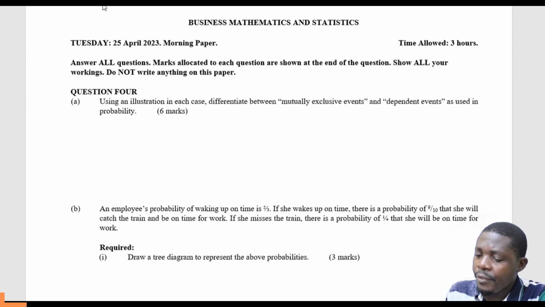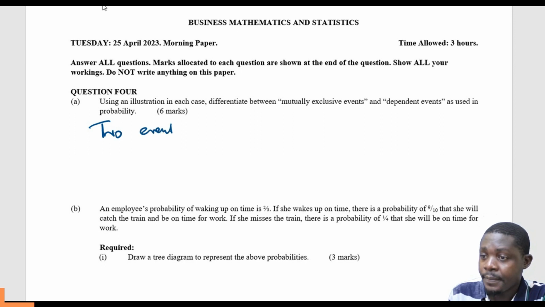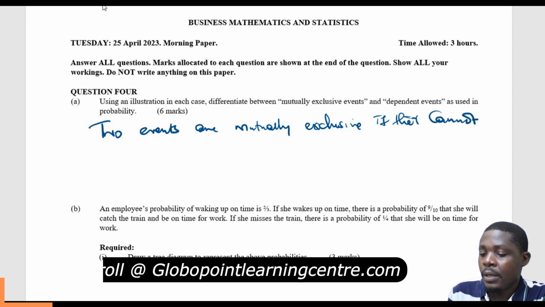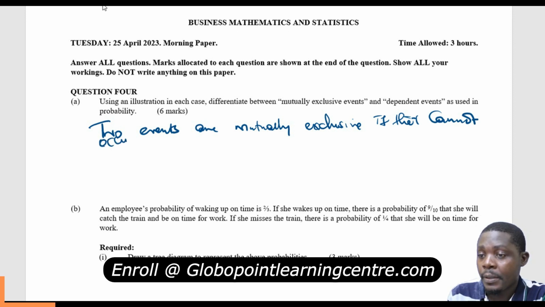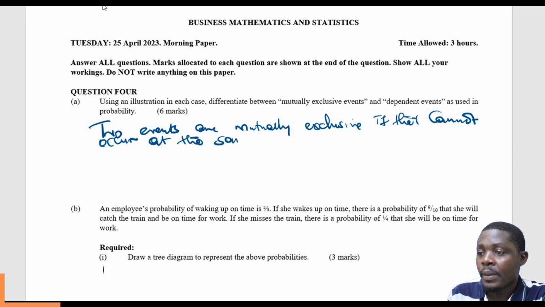You can say that two events are mutually exclusive if they cannot occur at the same time.